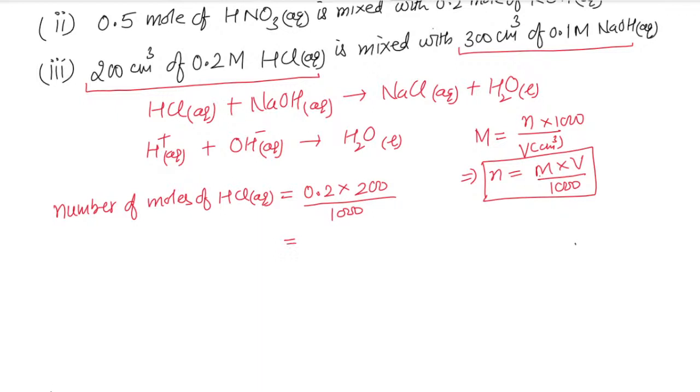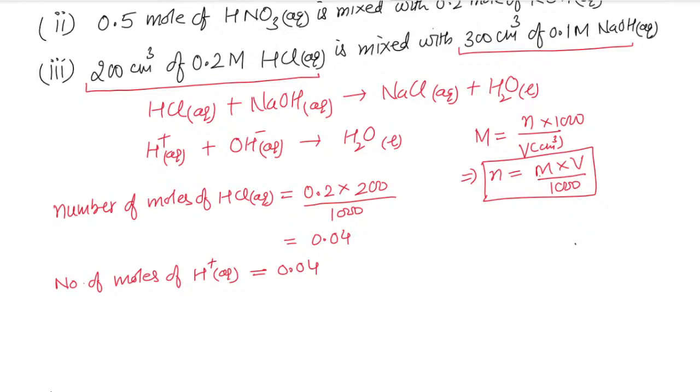So solve it, we get 0.04. So the same number of H plus ions: number of moles of H plus ion is equal to 0.04.